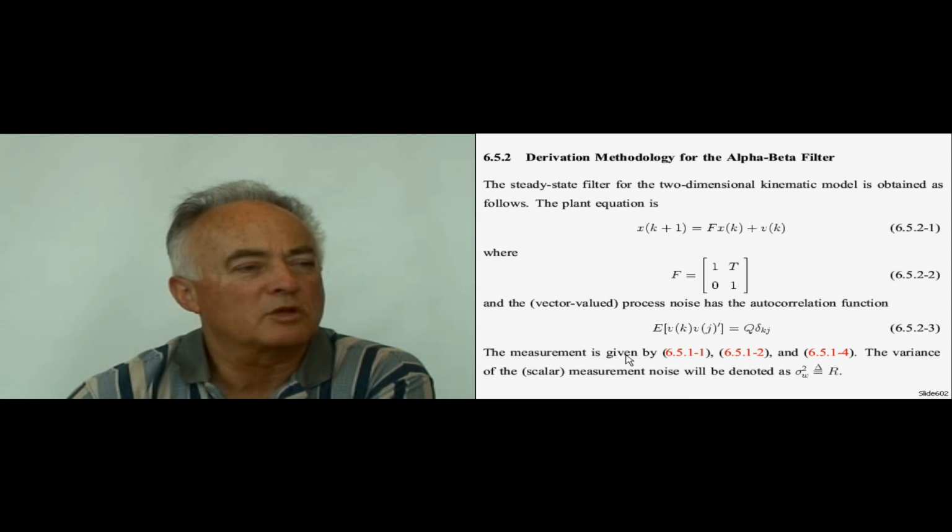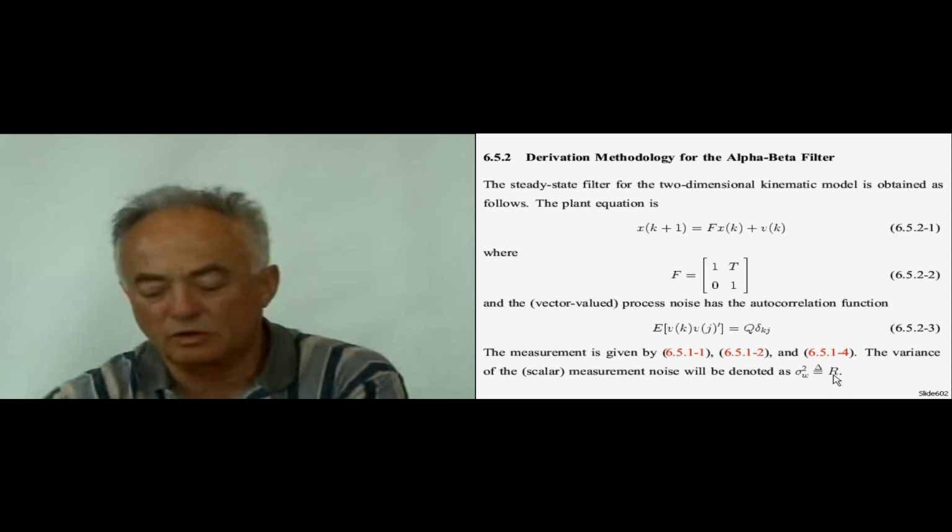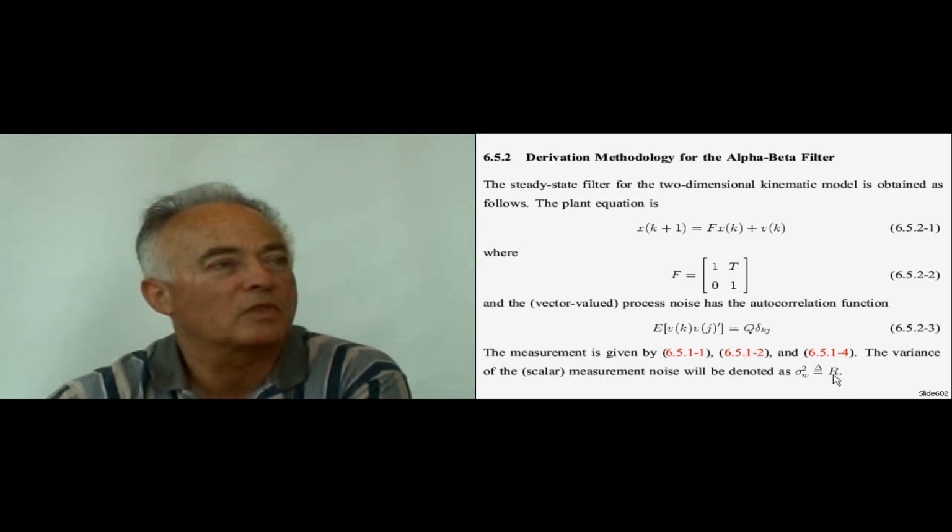The measurements will be given by these equations with the measurement noise variance sigma_w squared. We will not use the notation R, but sigma_w squared.